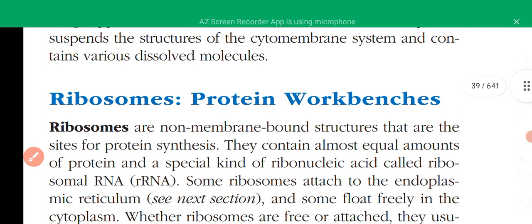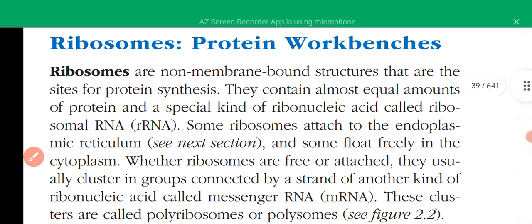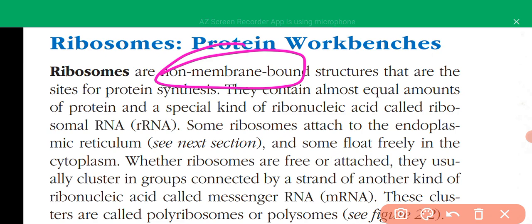Let's talk about ribosomes. Ribosomes are not membranous organelles. They are non-membrane bound organelles present inside the cytoplasm; there is no membrane around the ribosomes. What is the function of ribosomes?